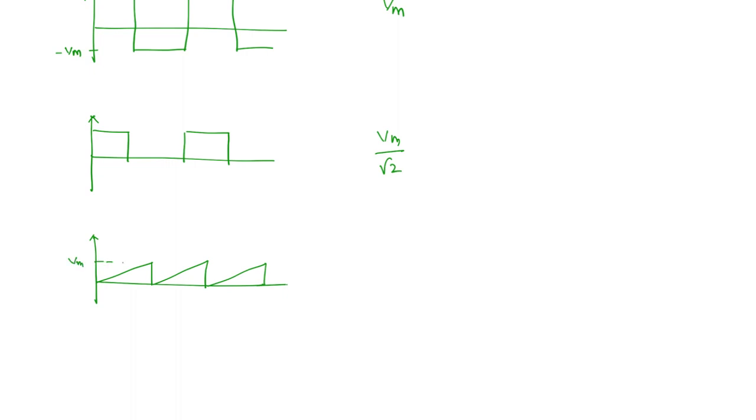This maximum value is Vm. So in this case it is going to be Vm by root 3. The same goes for a triangular wave. This is Vm, then here the value you're going to get is Vm by root 3. So these are the RMS values of some prominent waveforms. If you can remember, well and good. It will always be advantageous.